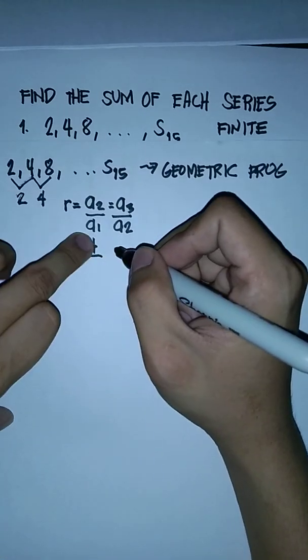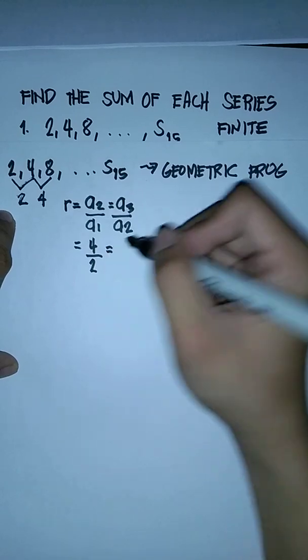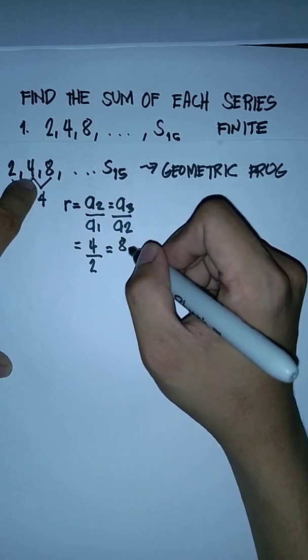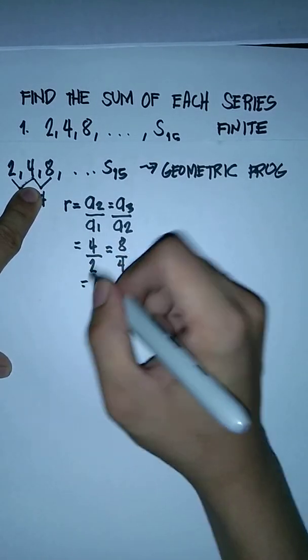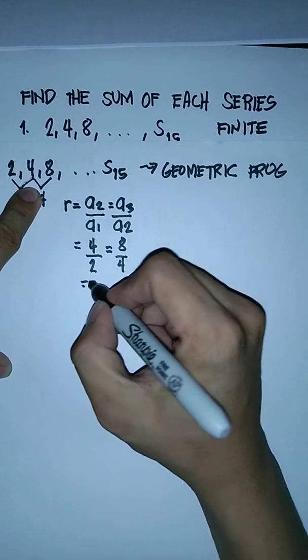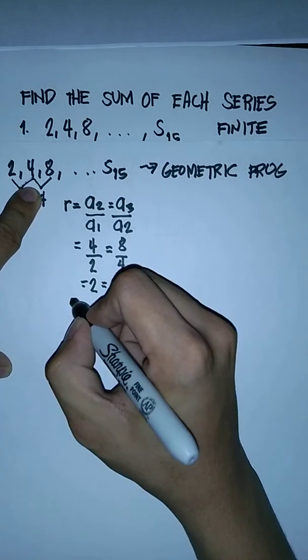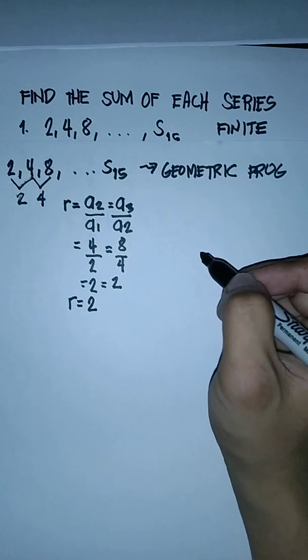Over yung first term natin, A1 natin, that is 2. And that should be equal also sa A3 natin, that is 8, and then yung A2 natin, that is 4. So, 4 divided by 2, we have 2. And 8 divided by 4 is 2 also. So, yung ating R is equal to 2. So, alam na natin yung ating ratio.